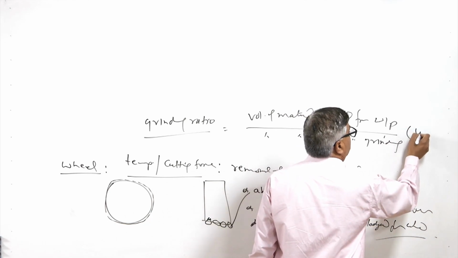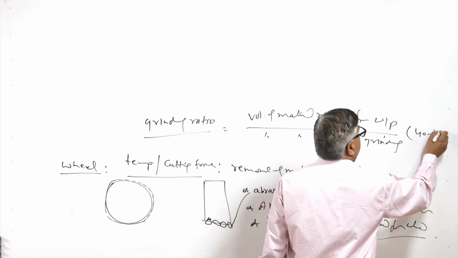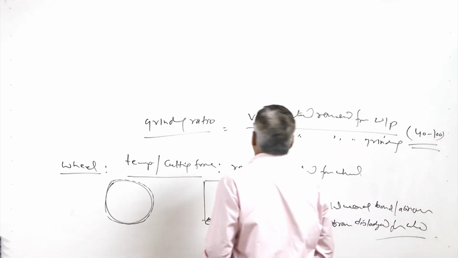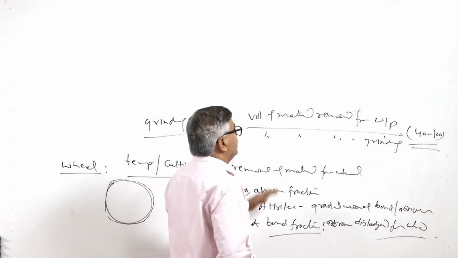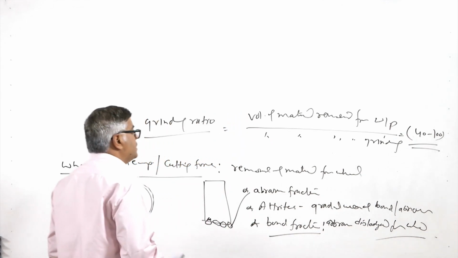And this may be like 40 to 100 or 120 ratio is common, depending upon the kind of work material and the grinding wheel which is being used.